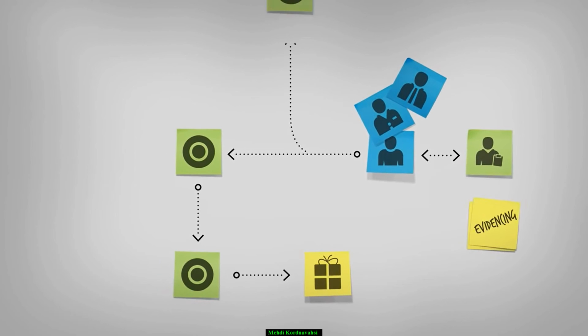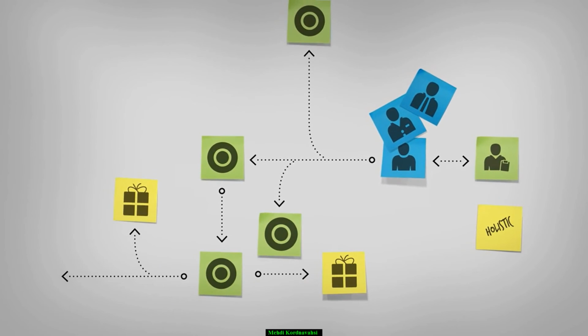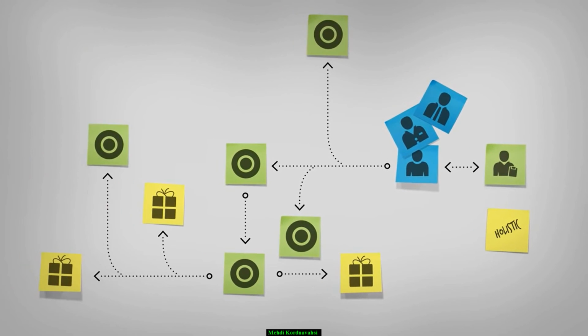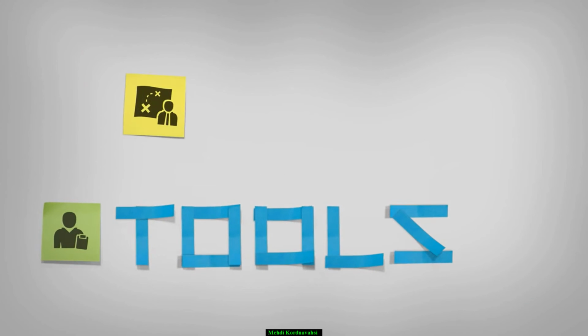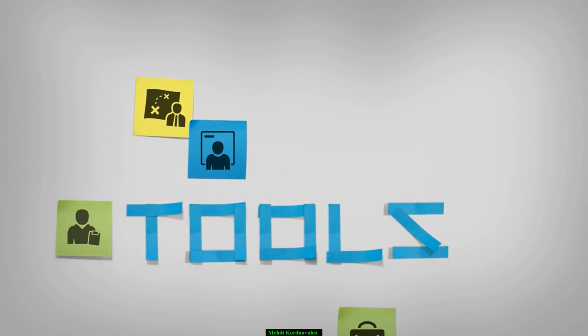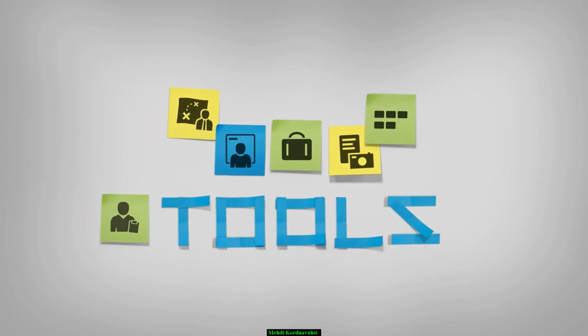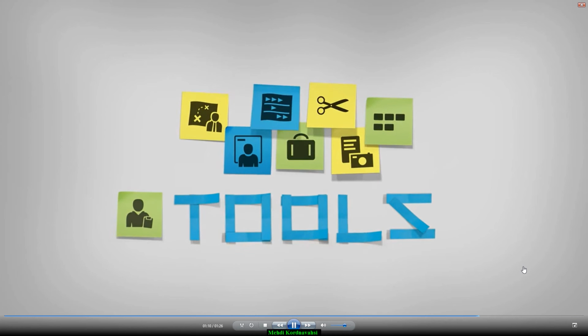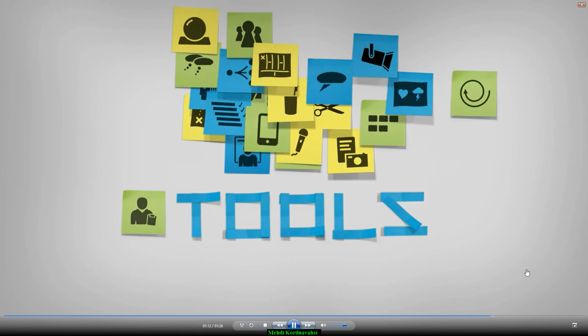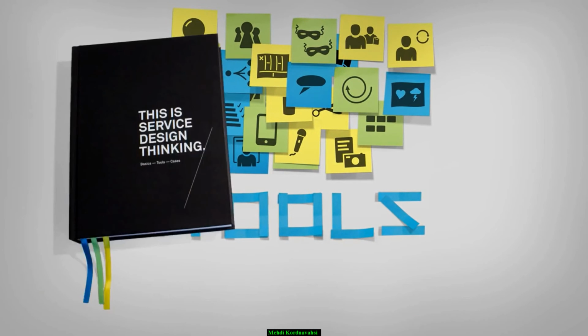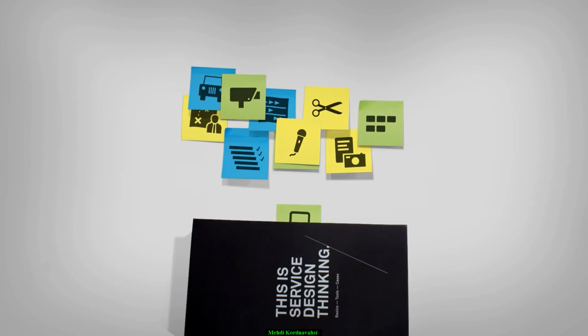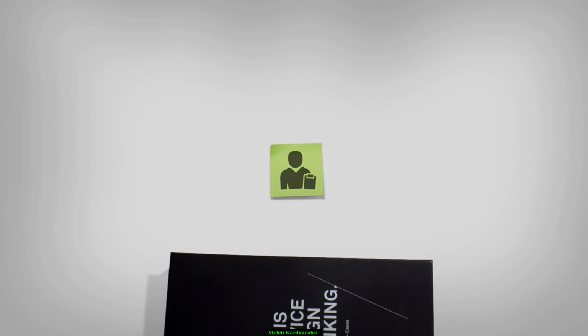Finally, service design should be holistic, so the entire environment of a service is considered. Service designers use many tools, like stakeholder maps, personas, customer journey maps, cultural probes, storyboards, service prototypes, service blueprints, and many, many more. There's a new book about these tools and how they can help you design better services.